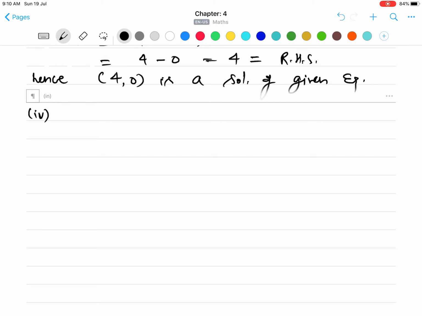The fourth value is root 2 comma 4 root 2.